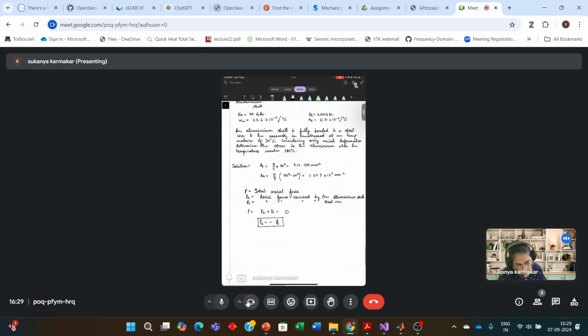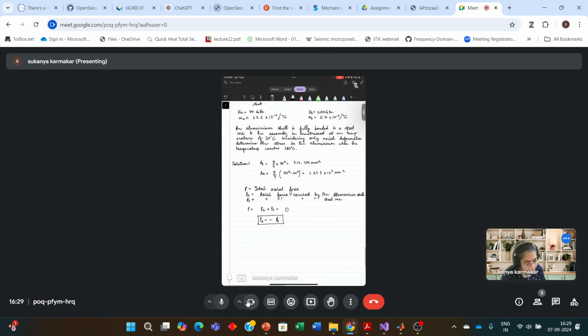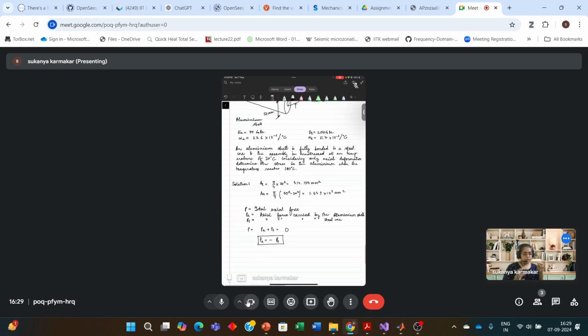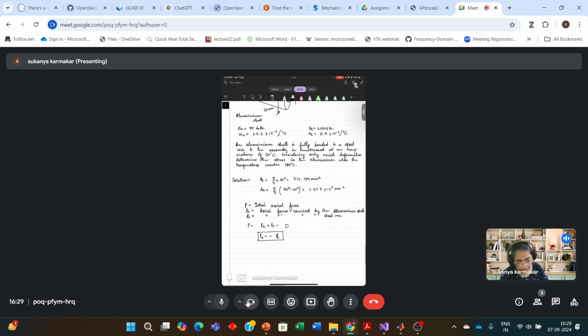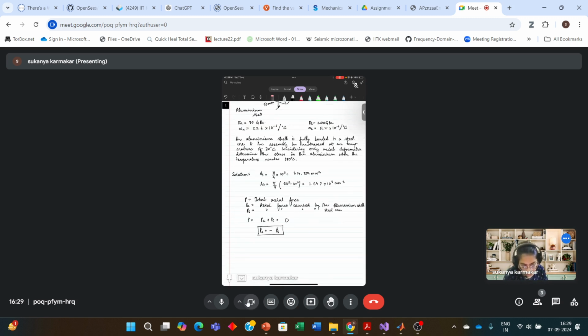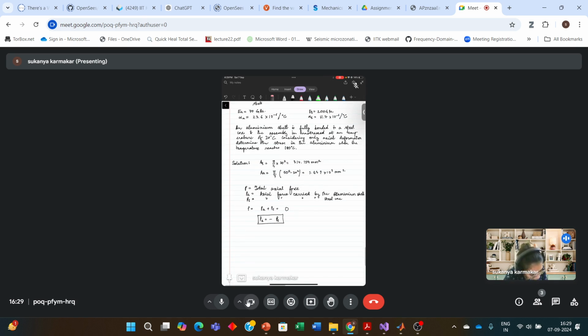Right. Now, since this steel core and the aluminum shell will act as an assembly, it can't lose the bond. The deformation will be equal.